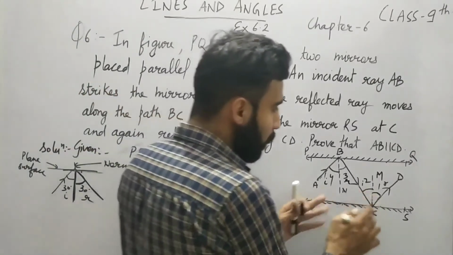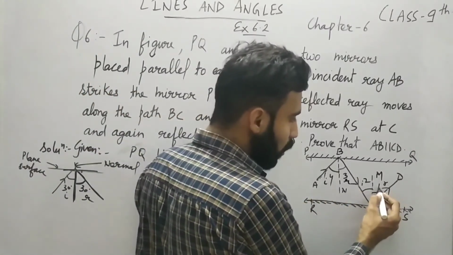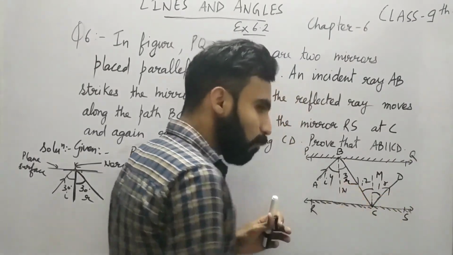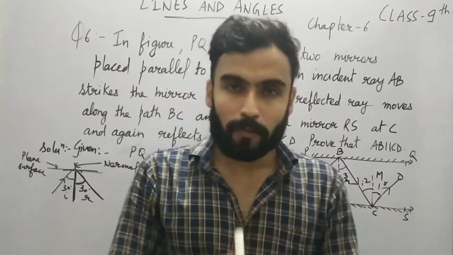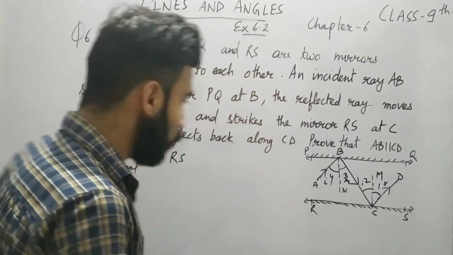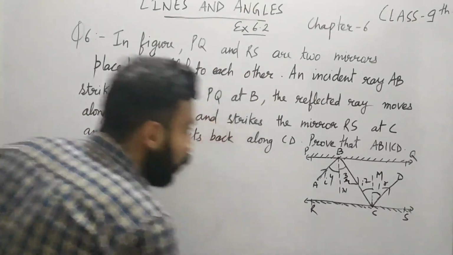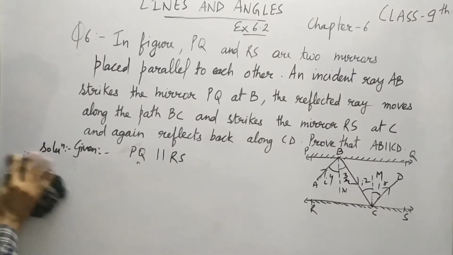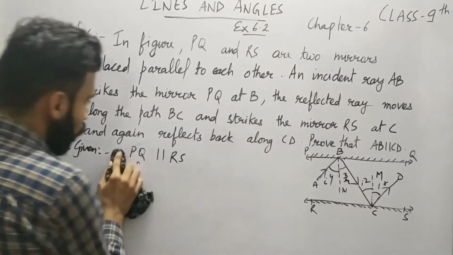So if you see here, this will show you that angle 1 is going to be equal to angle 2, and angle 3 is going to be equal to angle 4, because we know that the angle of incidence is equal to the angle of reflection, right? So we are going to move step by step. Now we know the formula that will be applied here. Let's move further.